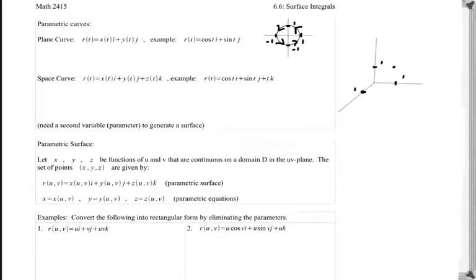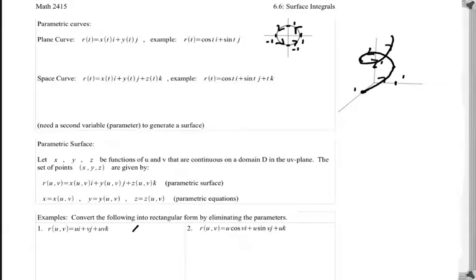So it's going to have the circle characteristic to it, and then as the t increases, the spring goes up higher and higher. We need a second variable or parameter if we want to generate a surface. So here we just kind of have like a wireframe. So if we want to fill things in, we need a second parameter.